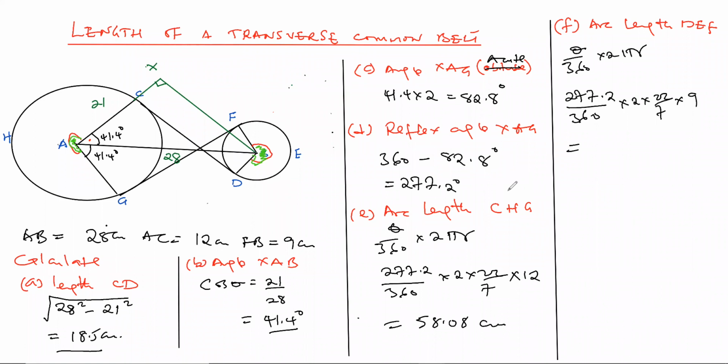So if you work out that, what do you end up getting? 43.6 centimeters. So from that, nimepata all the 4 important lengths. This arc length, I also got this other arc length, I also got the length of the transverse tangent, then times 2.